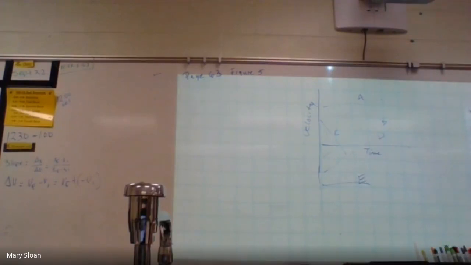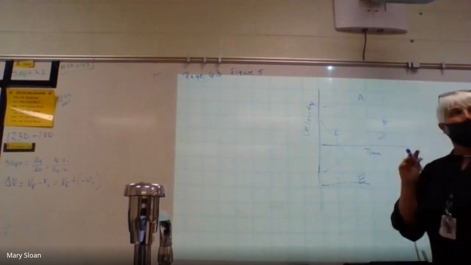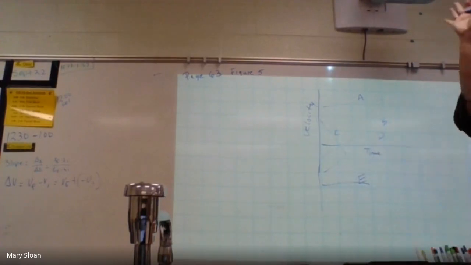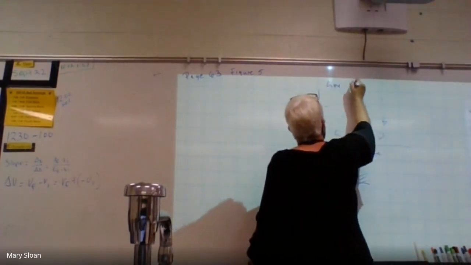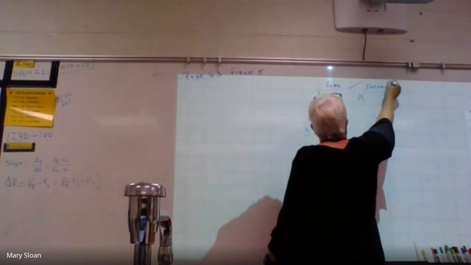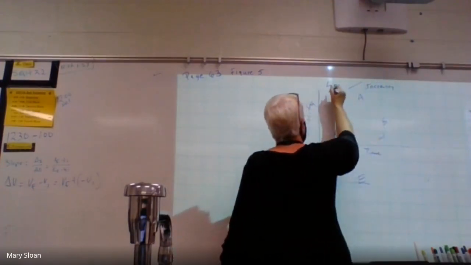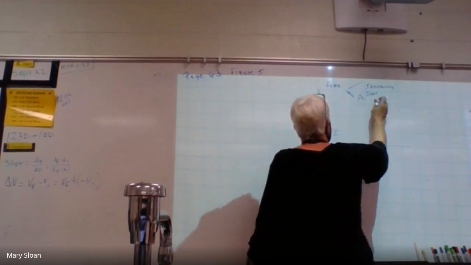So write yourself a note. When you look at velocity versus time, you're looking at, is the line going up? Is it going straight across? Or if it's going down? If the line is going like that, that means they're increasing. If your line is going this direction, that means they're decreasing.